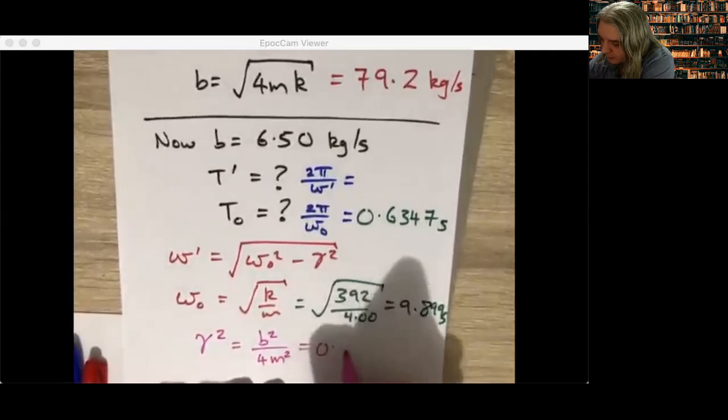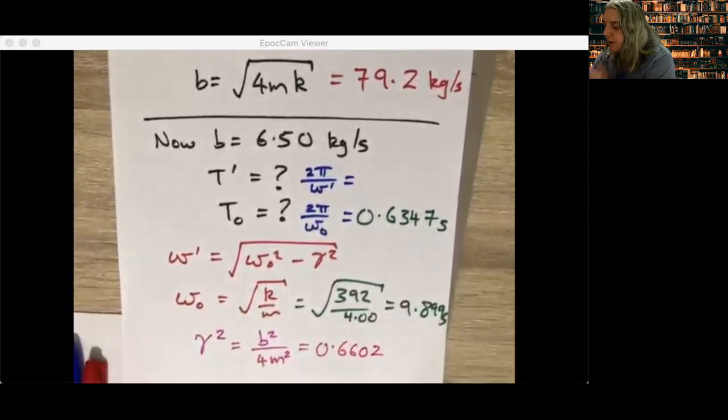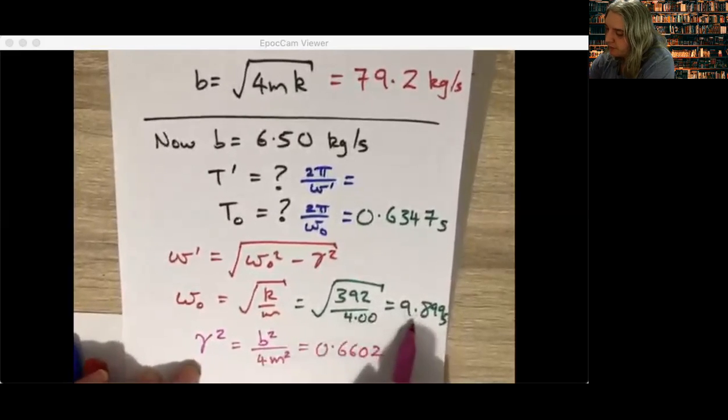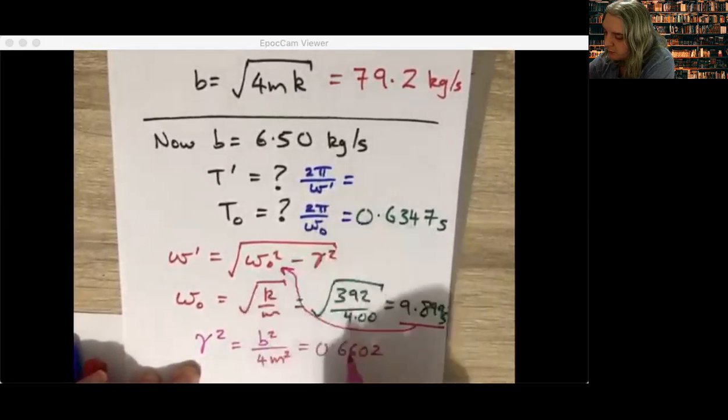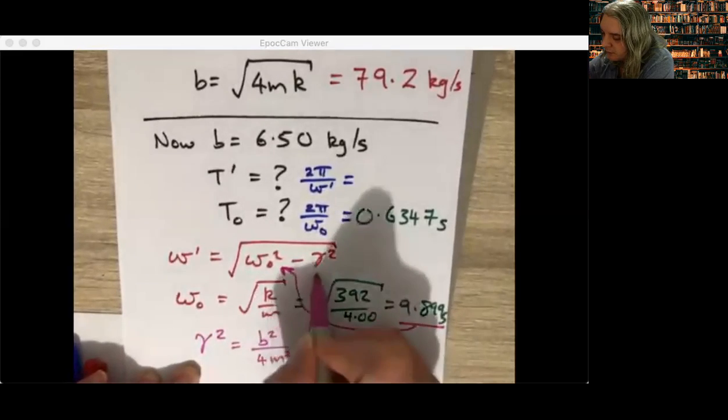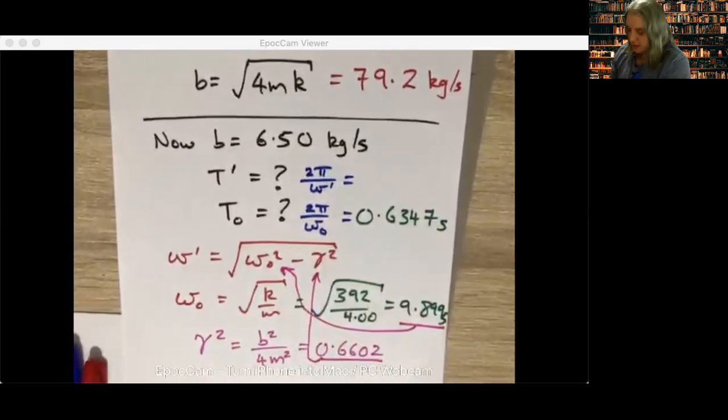So I get 0.66002-ish. Now we put this value in for omega naught squared, this one in for gamma squared, and we can calculate our omega prime.